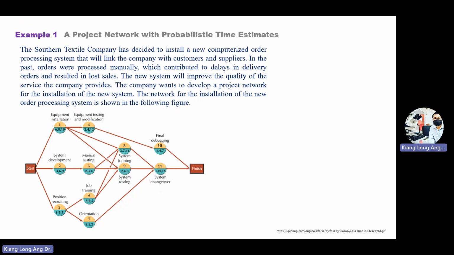They give you 3 types of numbers: mean, optimistic, pessimistic. So if you see 3 numbers below the bubbles, most probably they will ask you this statistics question again. This is a hint.